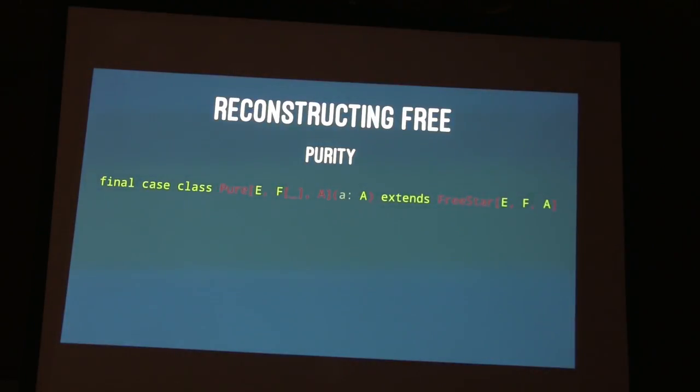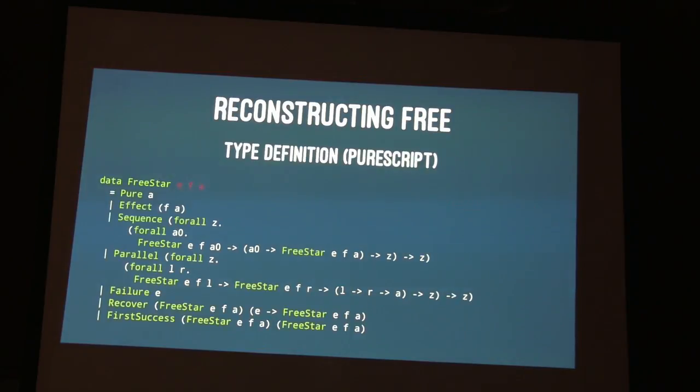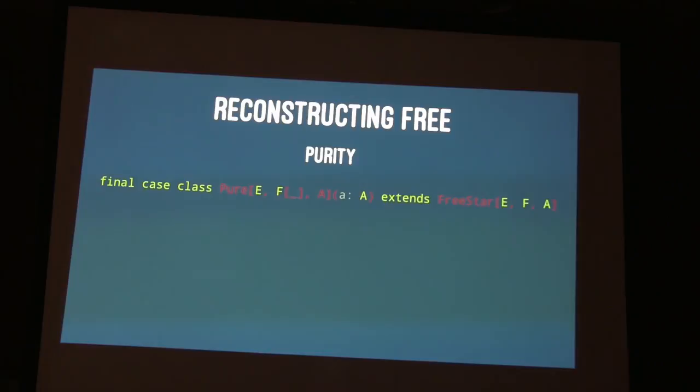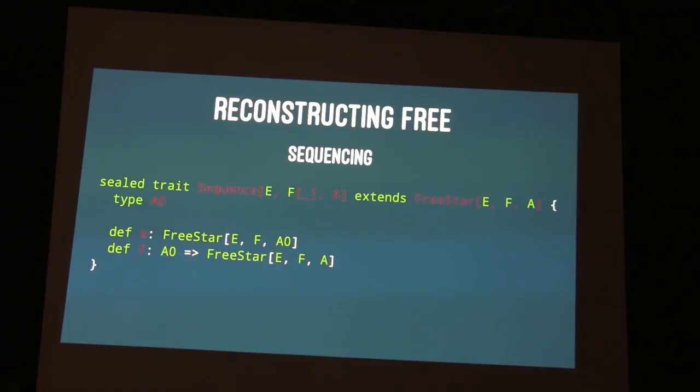And in Scala, this is how we would do it. We would have our type Free Star here, and then we would extend it with the effect of purity. This is a pure program. The effect of F, so the operations of which our program is comprised. The effect of sequencing, doing one thing and then doing the next thing that depends on it.